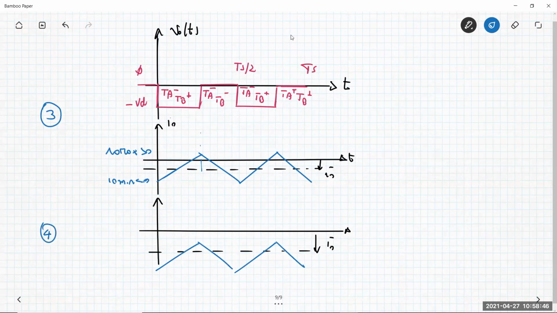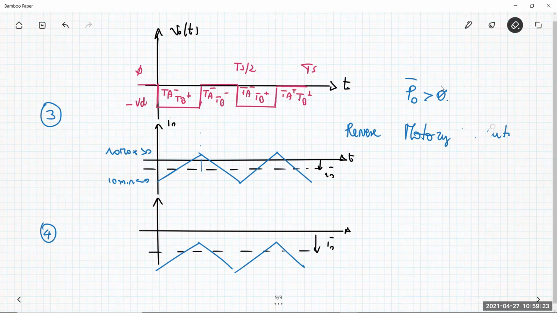In that situation, both the average current and the average voltage are negative. So the average power now is positive. So we are providing power to the motor. So we are in the motoring operating condition. Of course, we are providing power in order to make the motor rotate counterclockwise, so in the reverse direction with respect to the situation that we had before. So this is the reverse motoring operation.